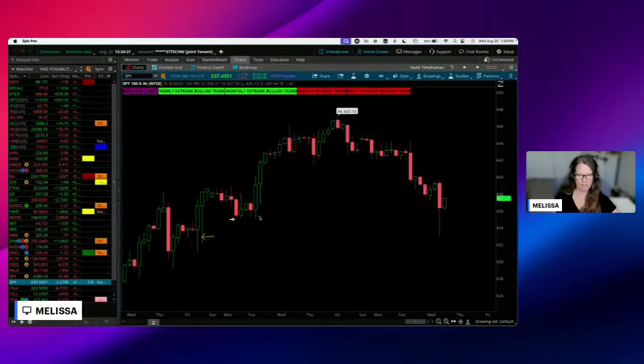You see them? All right. This wick, when it is at the bottom of a candle, this is buying pressure. This means that buyers were stepping in here and they were overpowering the sellers. Okay. So this is what I first look for when finding where support is going to be.